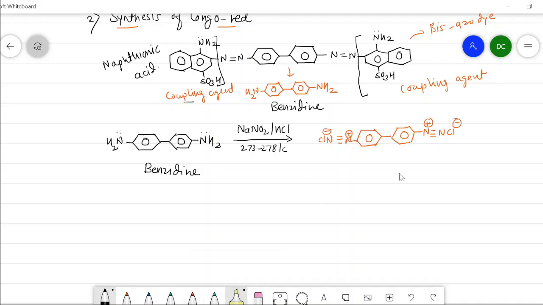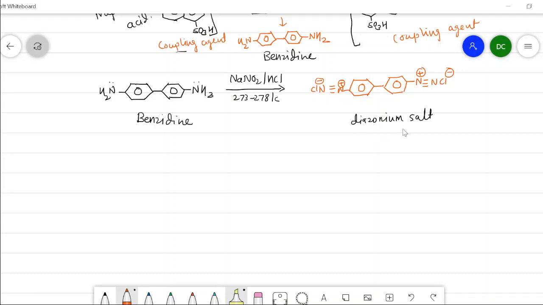It is the diazonium salt. This diazonium salt on coupling with naphthionic acid gives Congo red. For that purpose, I will write the diazonium salt here: N2 positive, then on this side N2 plus, then a Cl minus.